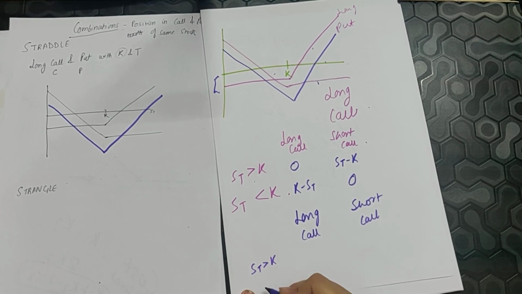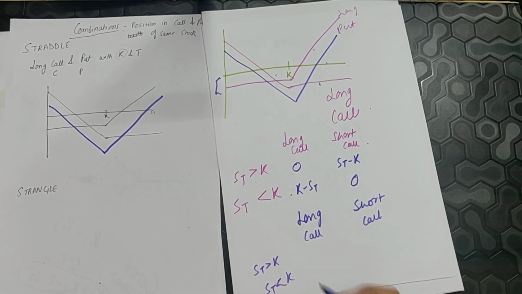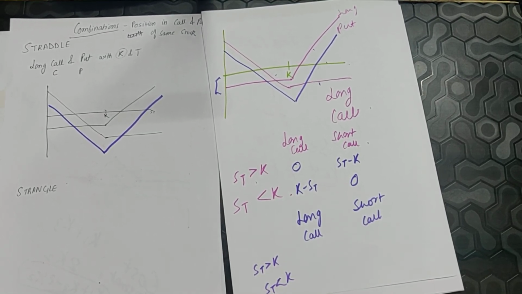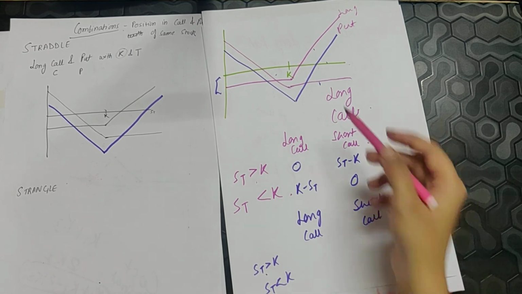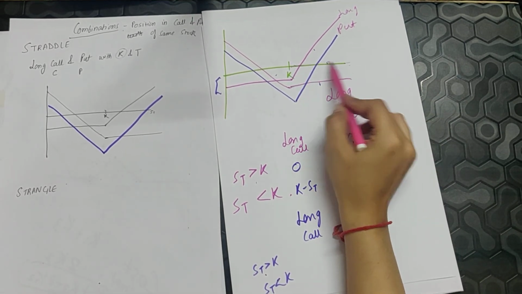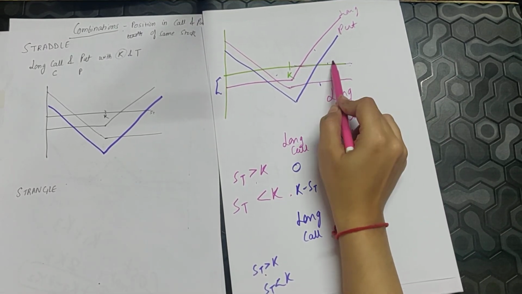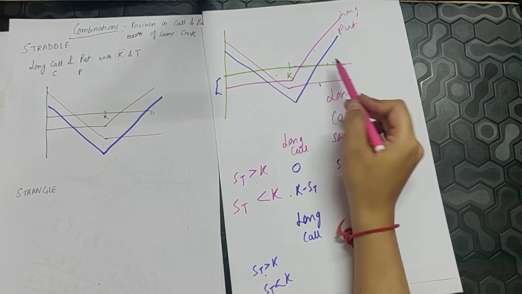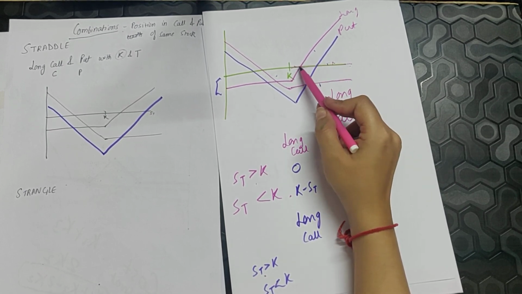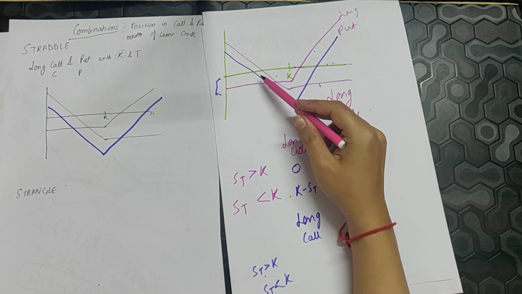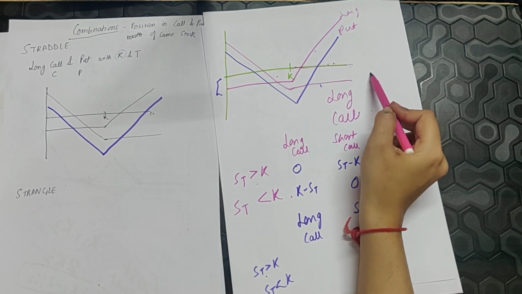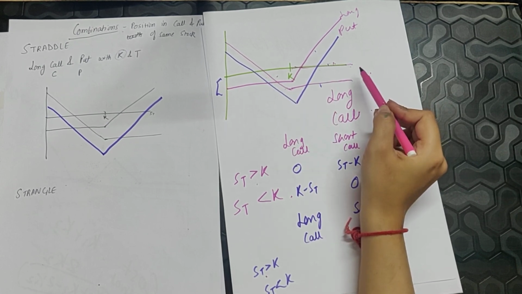ST greater than K, ST less than K. Let me just do it again. I might have done it wrong, or let's figure out. So if ST is greater than K, that means price at the time of maturity is more than K. I will exercise after. This is long call, right? I will not exercise.